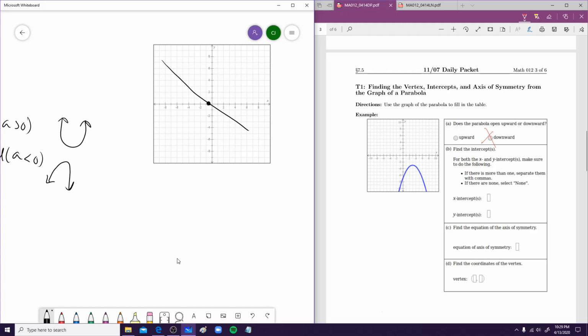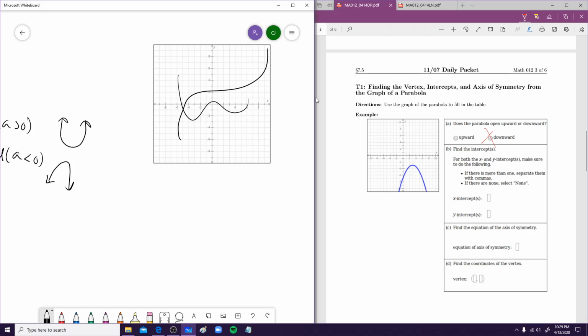So for example, this could be an x-intercept. And there's a bunch of other graphs. We've been working on parabolas, but another one is the cubic function. Wherever the graph crosses the x-axis, that is our x-intercept.